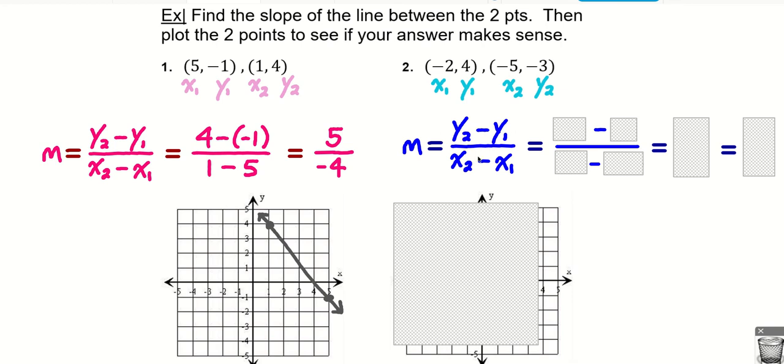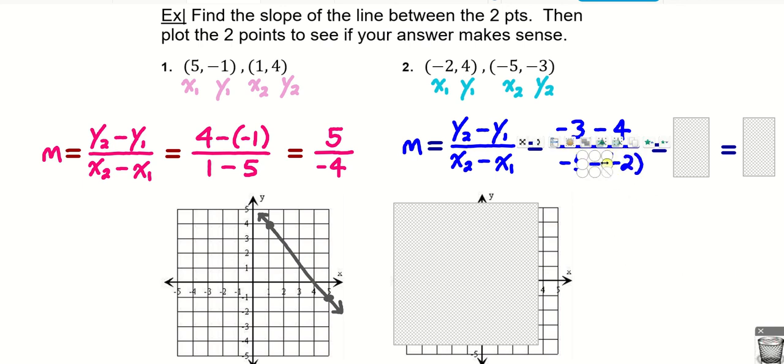Remember, there are minus signs built in here. So y2 was negative 3. y1 is 4. So that's what my numerator now says, negative 3 minus 4. And then the bottom is going to say negative 5 minus negative 2.